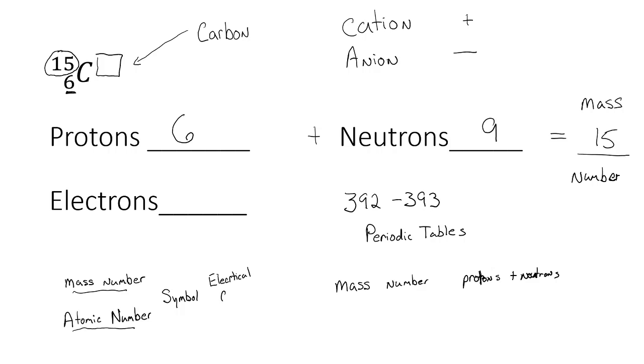You'll see that in a minute, because this one doesn't have an electrical charge. That means it zeroes out, so there are 6 electrons. The positive 6 and the negative 6 equal 0, so they balance each other out. That makes them pretty stable. They're not an anion or a cation.